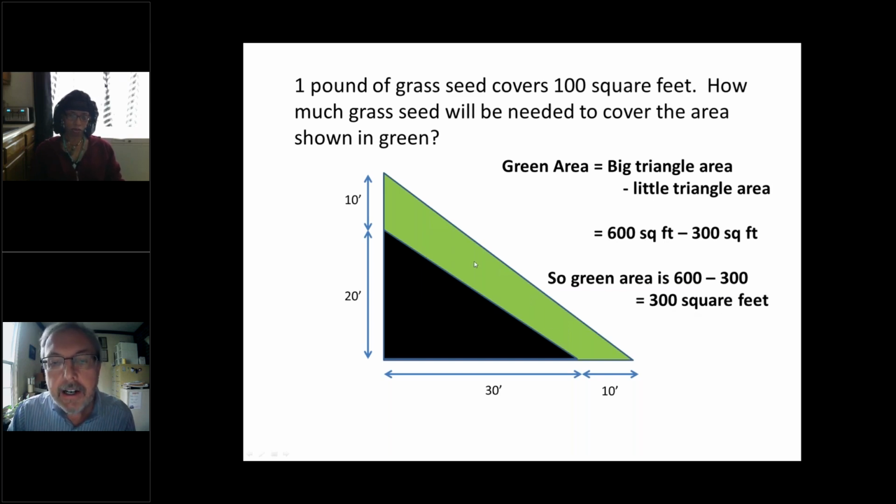So believe it or not, if you had a lawn like this, there would be 300 square feet of surface that you would need to plant grass seed in. So since 1 pound of grass seed covers 100 square feet, how much grass seed do we need to cover this green area? How many pounds?